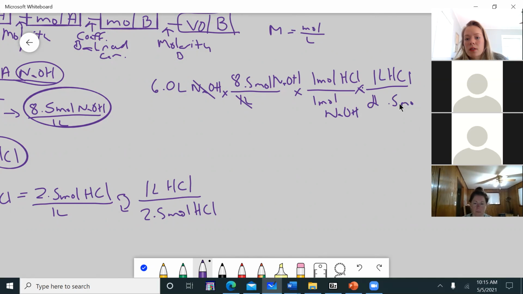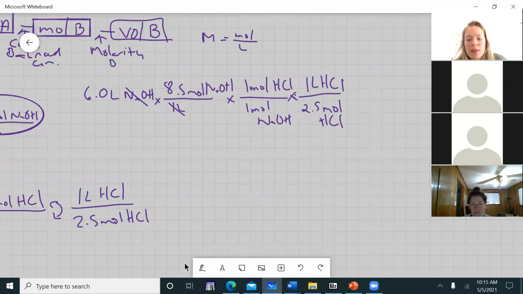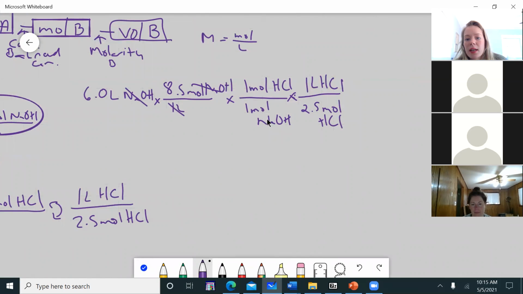Oh my gosh, that is atrocious. Hold on, let me clean that up a little bit. 1 liter of HCl for every 2.5 moles of HCl. You just check and make sure that things have canceled along the way. So moles of NaOH and moles of NaOH, moles of HCl and moles of HCl.